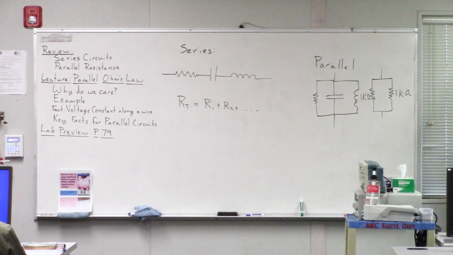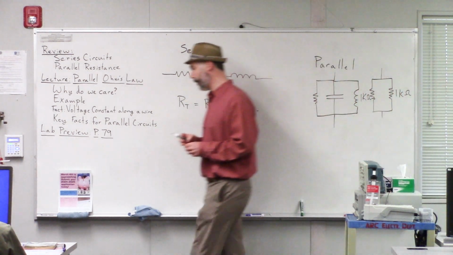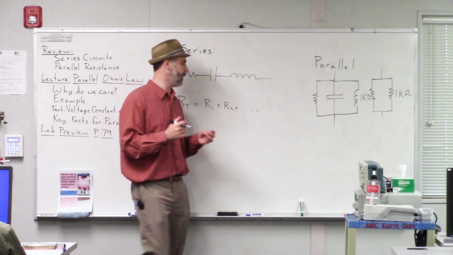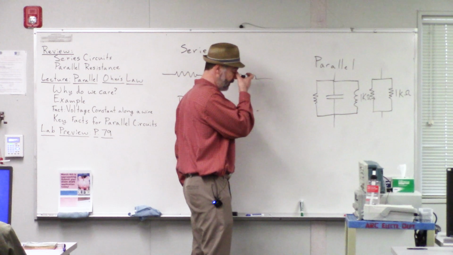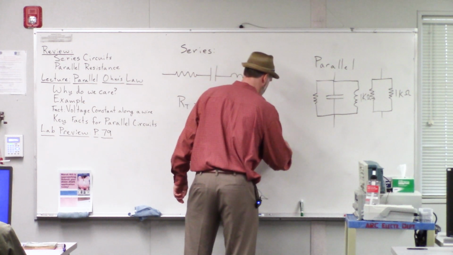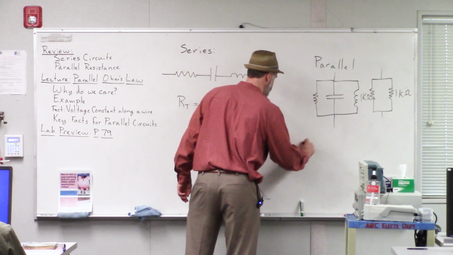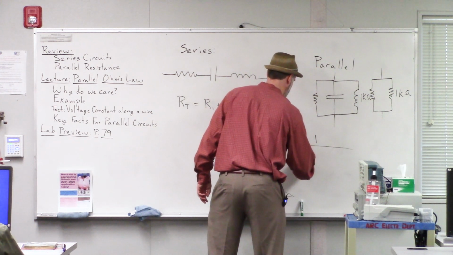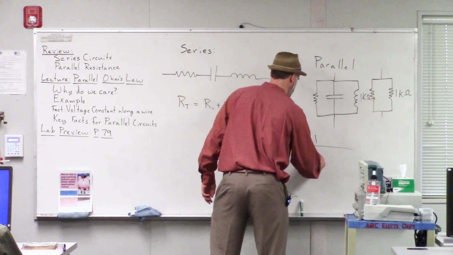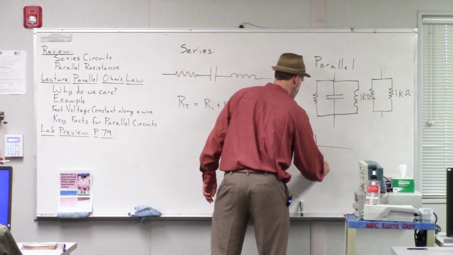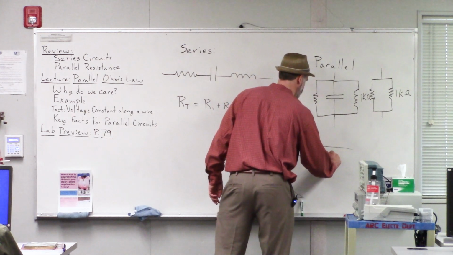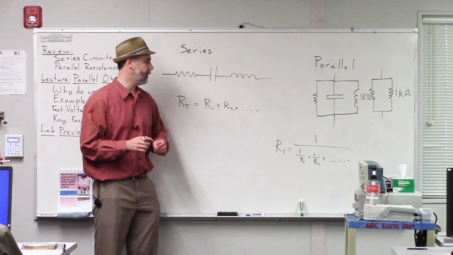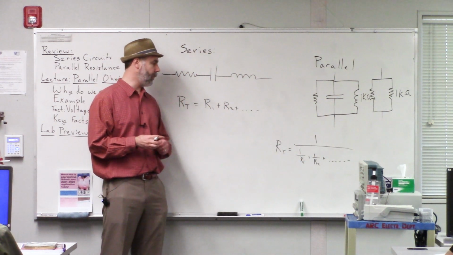Yeah, so that's kind of the formula that works in any case, right? So if you have any resistors, you can say that R total equals 1 over R1 plus 1 over R2, and then that can keep going for as many resistors as you like. So that'll always work.